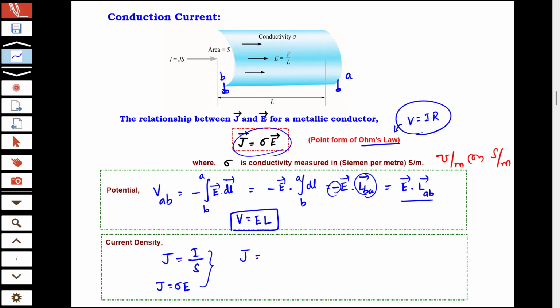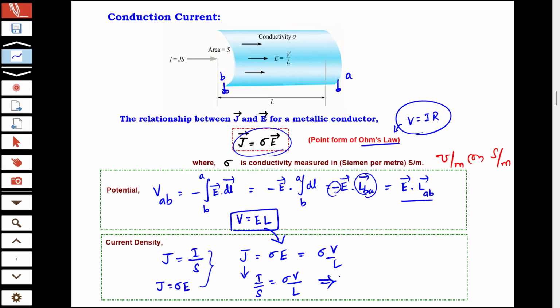So J equals to sigma E, and we can write expression for electric field from here, which is V by L. J equals to sigma V by L. Now we can write this current density in terms of current. So current density J can be written as I by S, which is equals sigma V by L.